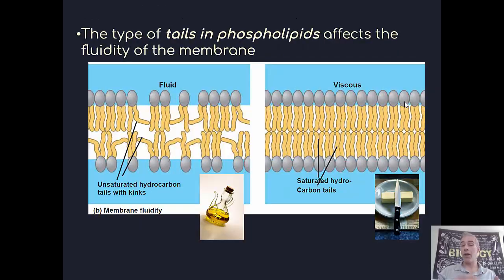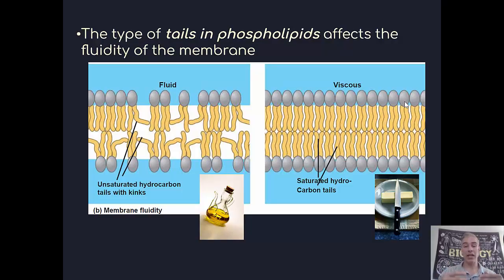So then the question is, what affects membrane fluidity? Again, this is review because we talked about what makes lipids fluid versus more viscous or solid at room temperature. If you have more kinks in the fatty acid tails due to double bonds, those create unsaturated hydrocarbons and they do not stack well. That will increase membrane fluidity.